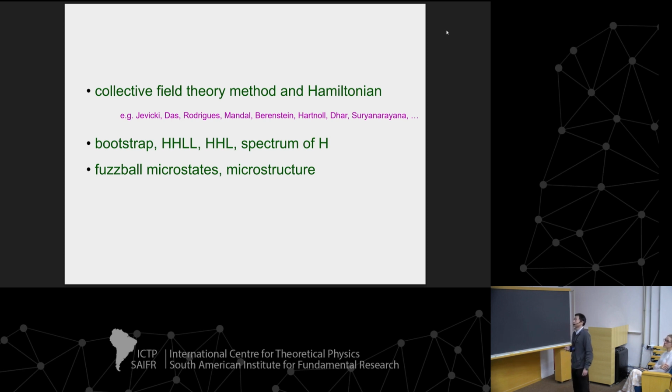And these are also related to fuzzball microstates and microstructures. The HHLL correlators are also relevant for the fuzzball, since the fuzzball state can also be viewed as a heavy state.